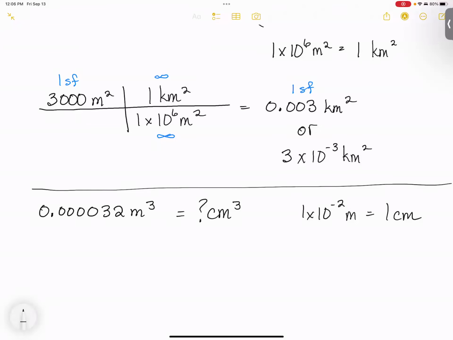Once again, you cannot use this conversion factor the way it is written, because a meter is not the same as a meter cubed. A centimeter is not the same as a centimeter cubed. So you're going to have to cube the entire conversion factor. When you do so, you get 1 times 10 to the minus 6 meter cubed is equal to 1 centimeter cubed.